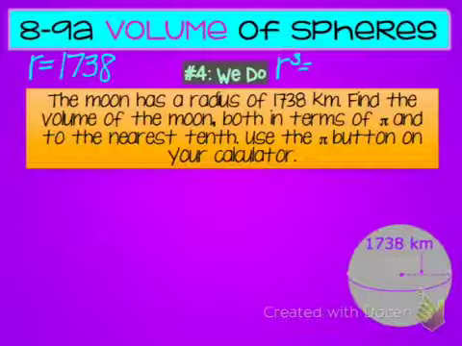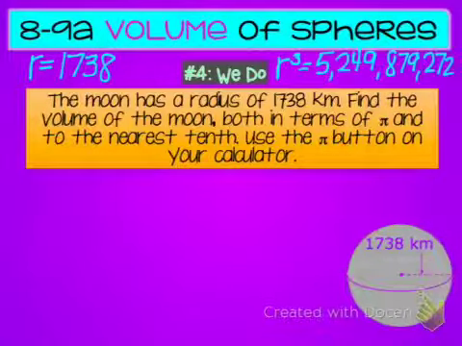So to cube r, I'm going to do 1,738 times 1,738 times 1,738, and I get this huge number of 5,249,879,272. So now I can do my formula with that humongous number for my r cubed.